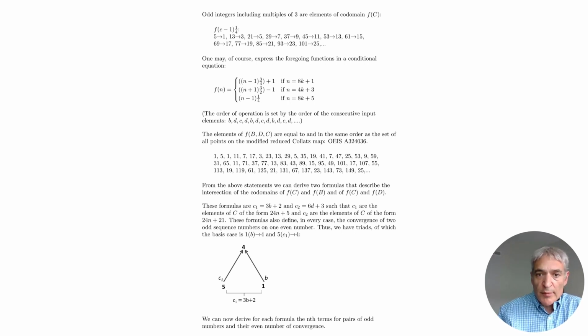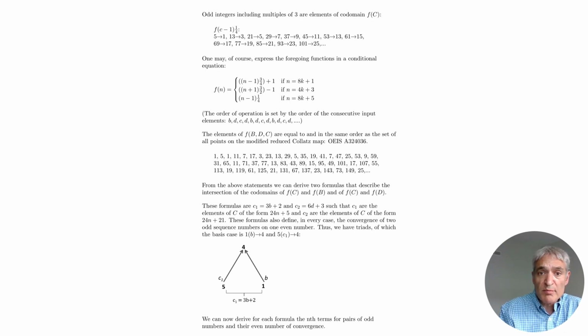And the order of operation is set by the order of the consecutive input elements, such that the first element, 1, belongs to set B, the second element, 3, belongs to set D, the third element, 5, belongs to set C, and the fourth element, 7, belongs to set D, and so on.